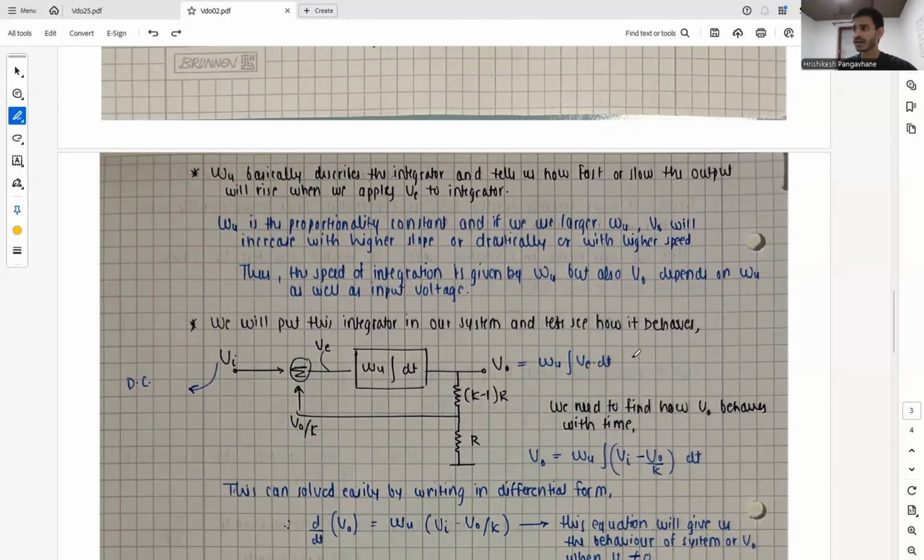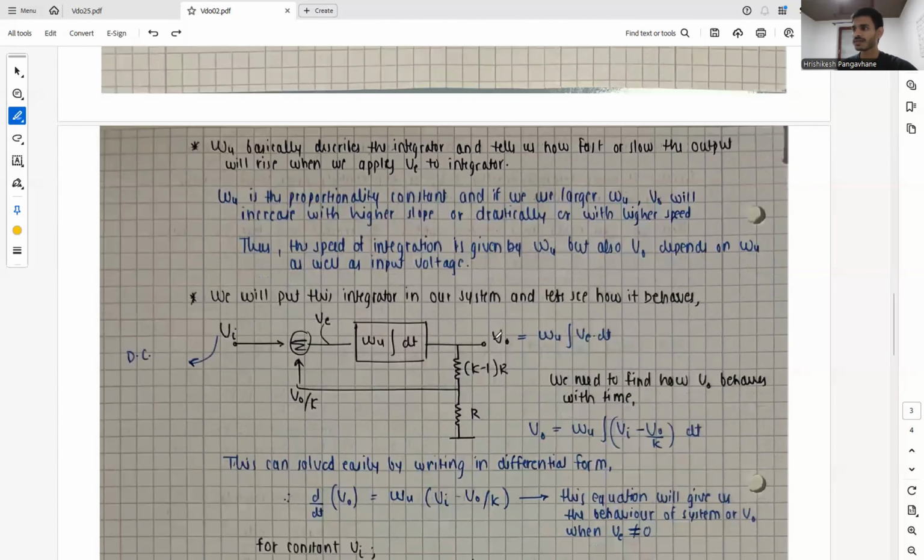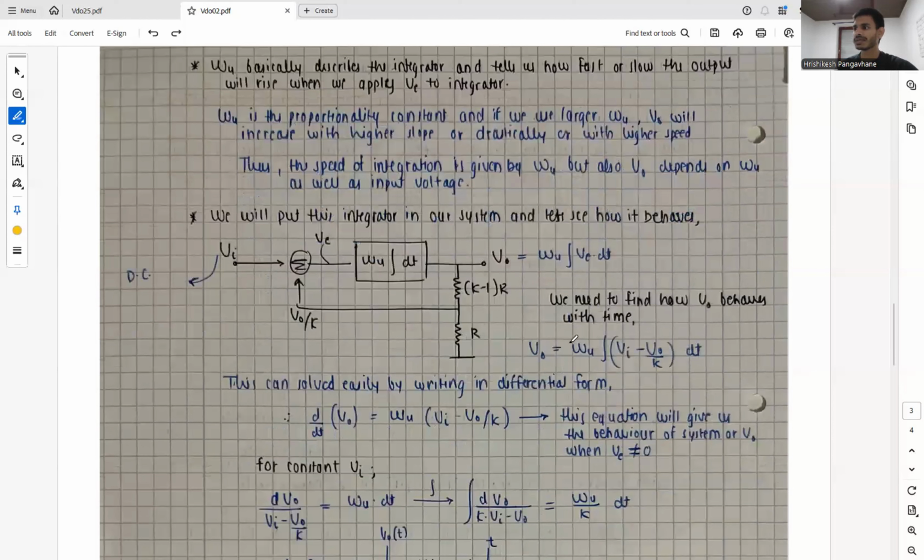Now we need to find how V naught behaves with time. So what we had was V naught equals omega u times the integral, and we know that VE is nothing but the difference between the two inputs to the comparator. That's how we are taking the difference.